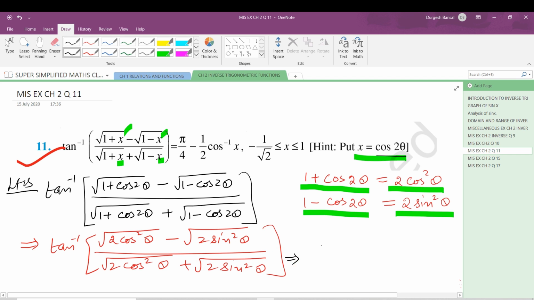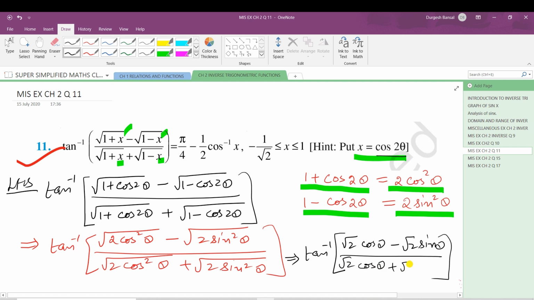So this expression becomes tan inverse of root 2 cos theta minus root 2 sin theta divided by root 2 cos theta plus root 2 sin theta.